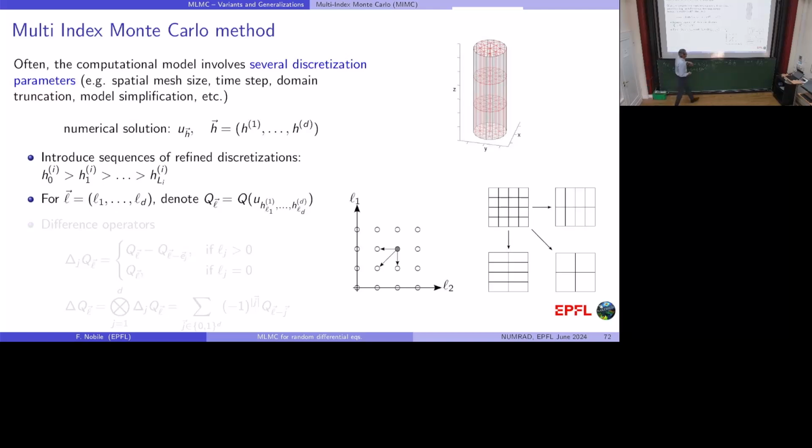So now we are in 2D or in D dimensions, so how do I take differences? So I compare models. I have different ways of comparing models. So I could compare, for instance, this one with this one. So I could only look at refinements along the diagonal. That would be the multi-level strategy where you link the refinements over the two parameters. Okay? But I could also look at other differences.